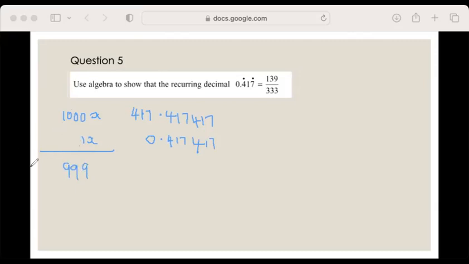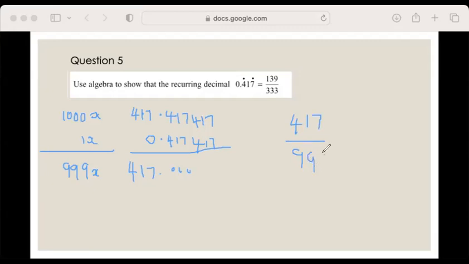Right. 999x will be equal to, all of these will end up in zeros, 417.0, like that. Okay, so now what is that? 417 over 999.